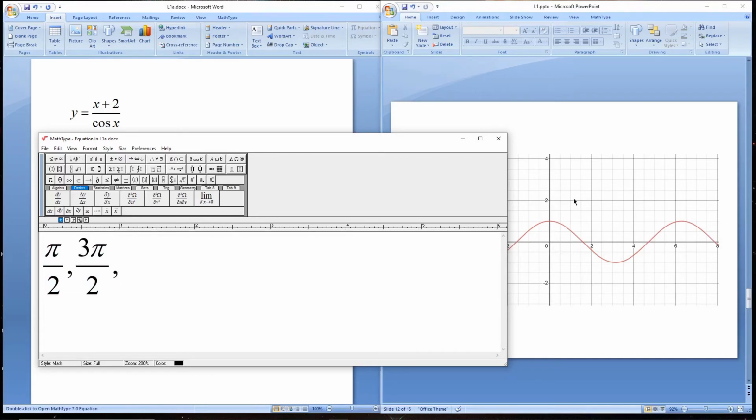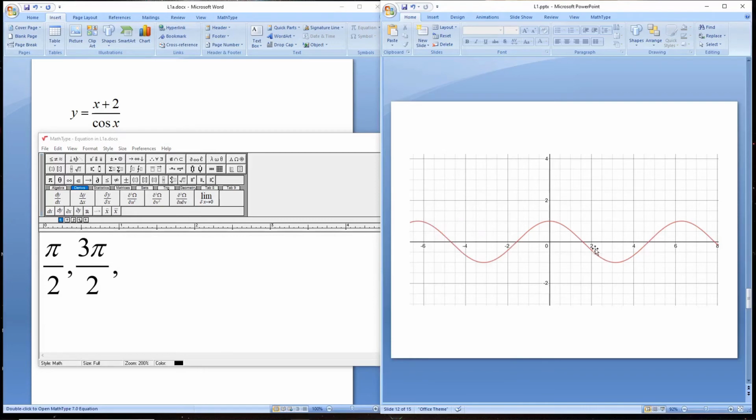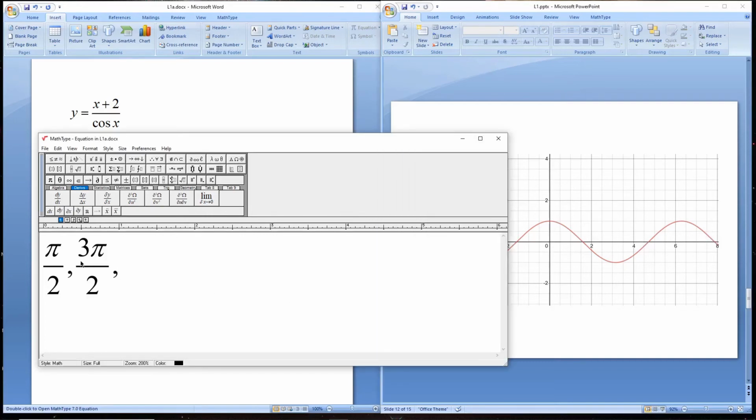And what about after that? So we have pi over 2, 3 pi over 2, and then we have 5 pi over 2. And then by looking at the pattern here, 1, 3, 5, you can see the next one's going to be 7.